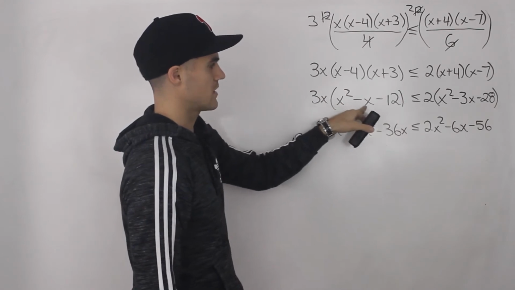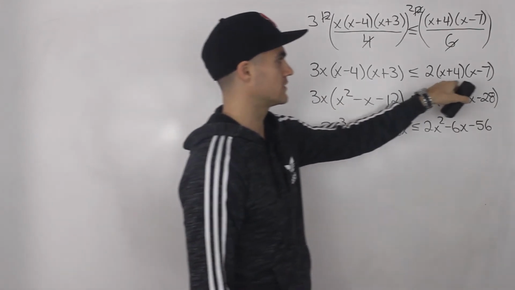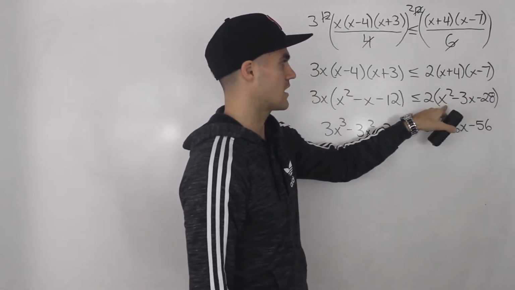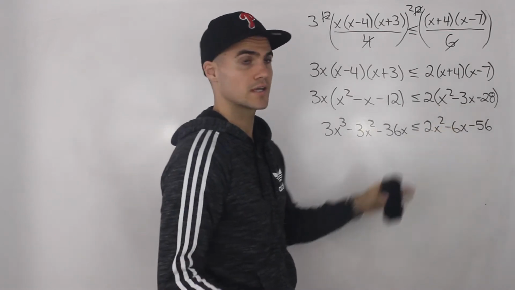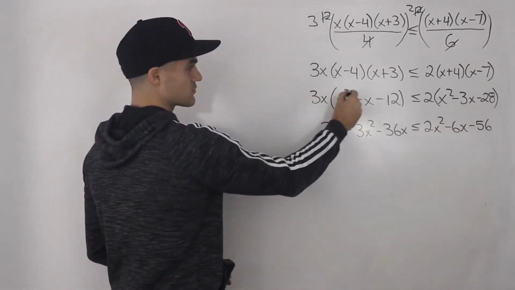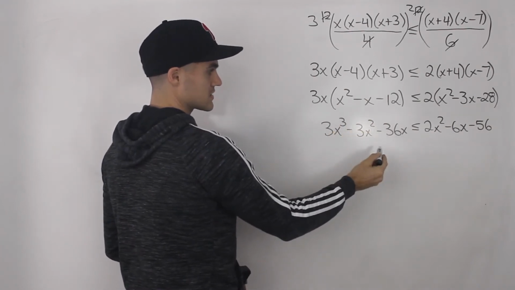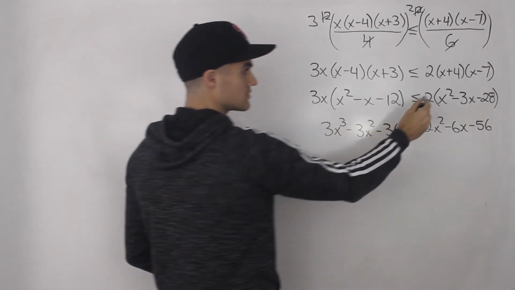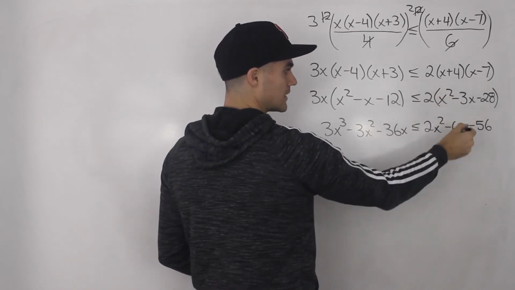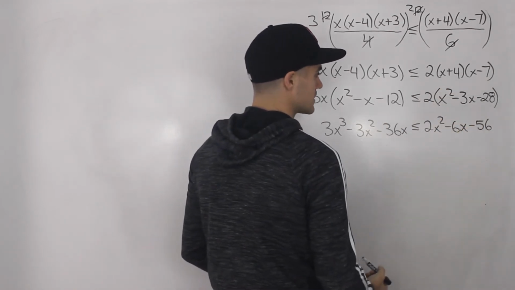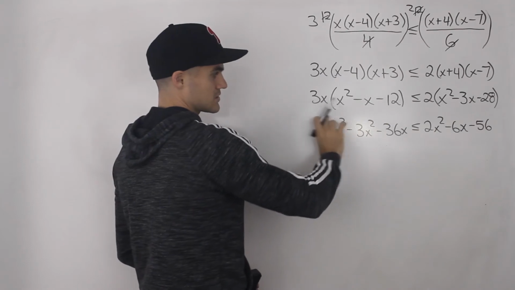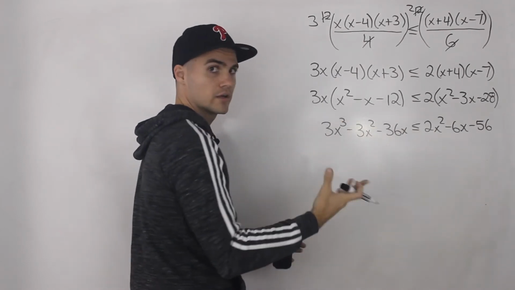You'll end up with x squared minus x minus 12. Foiling these two brackets out, you end up with x squared minus 3x minus 28. Then you could bring this 3x inside this bracket. So we got 3x cubed minus 3x squared minus 36x is less than or equal to 2x squared minus 6x minus 56. And now notice this is just a regular polynomial inequality.